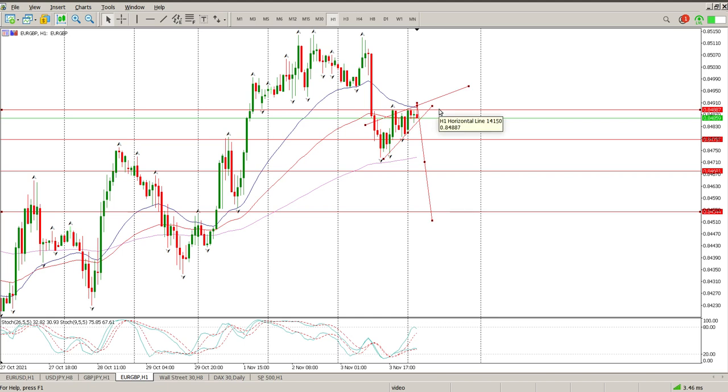So that's a move to the upside, 0.84887. You're going to have to be patient with this one. I suspect it's probably going to continue. I think everything's pointing to that kind of move to the downside, so targeting 0.84544. Anyway, that's kind of my view today.